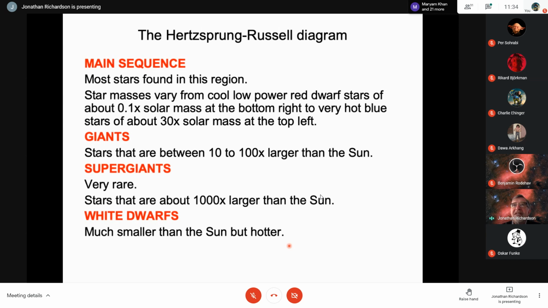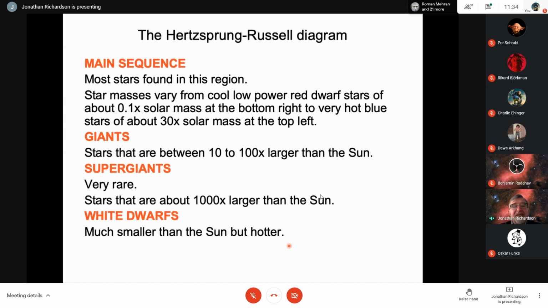Giant stars are the sort of end sequence of those types of stars, where they have then a size or equivalence of around 10 to 100 times that of the sun. The supergiants, firstly, are very rare.